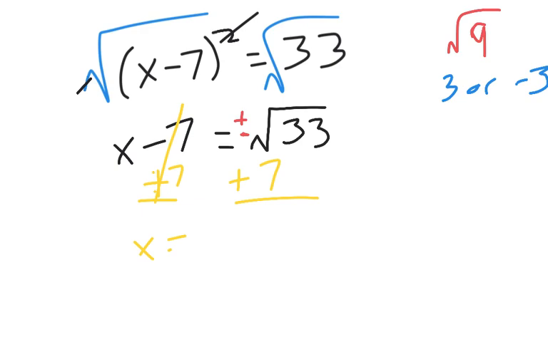On the right, meh. This is underneath a radical, and this is not underneath a radical. I can't combine them. They're not like terms. One's under a radical, one is not. So I'm going to move the 7 out in front, plus or minus the square root of 33.